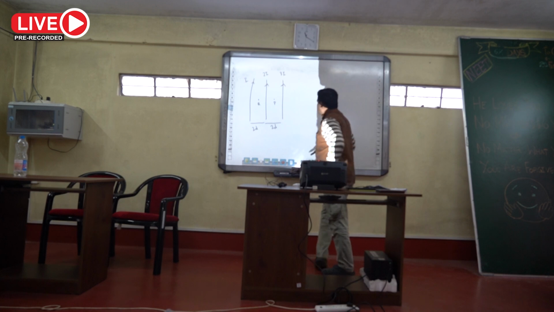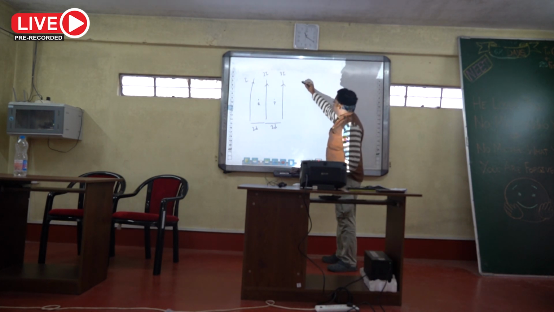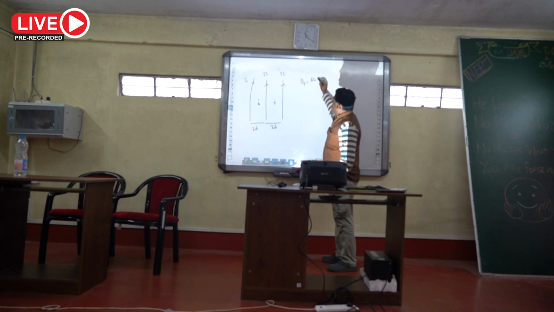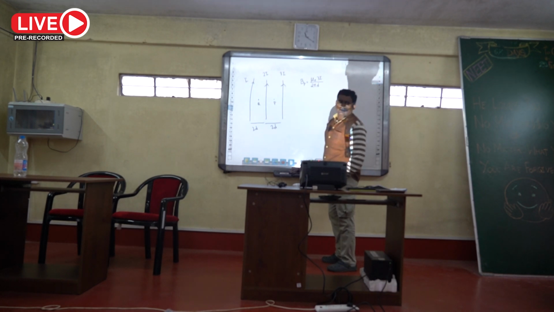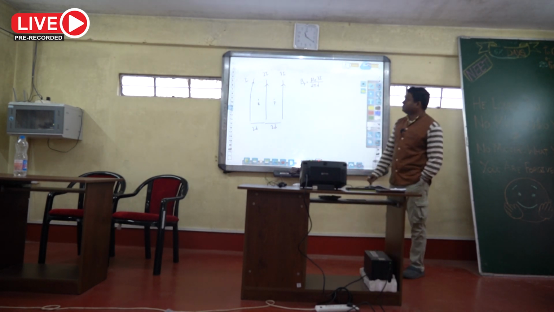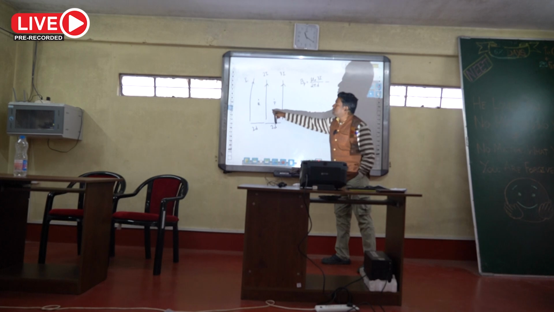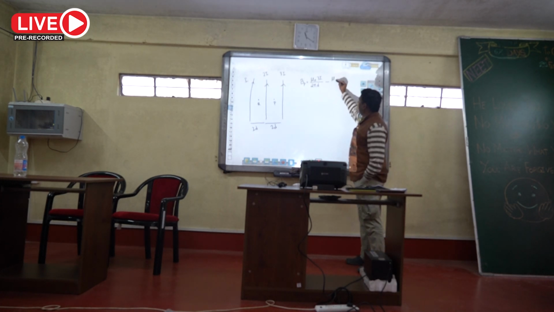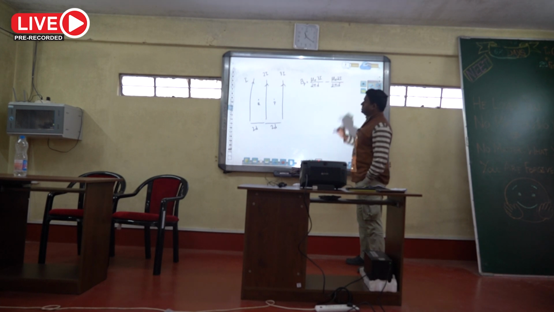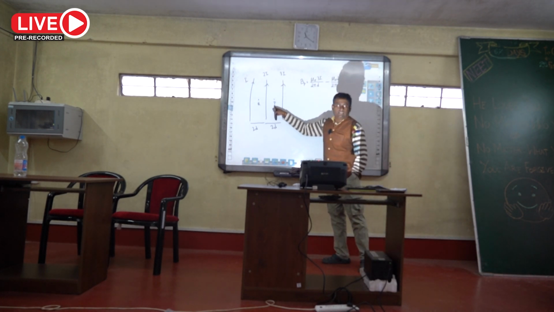So I can write that at this point P, the magnetic field is BP. That will be equal to mu naught 3I by 2 pi d, because this distance is d, for this wire. Then for this wire it will be mu naught 2I by 2 pi d, because this distance is also d.